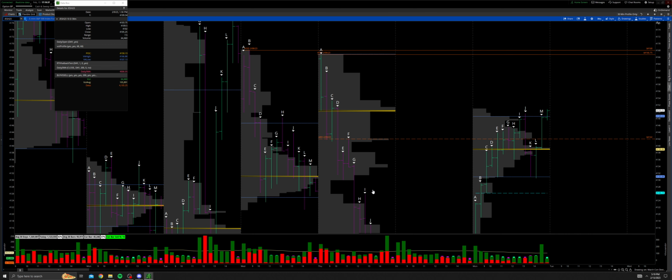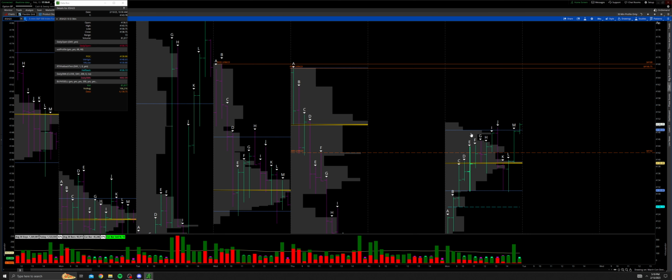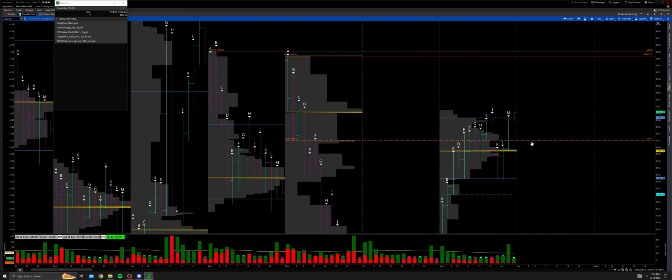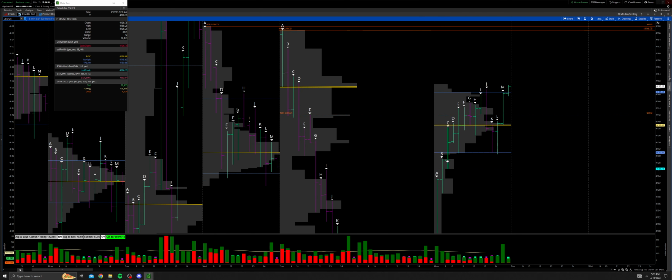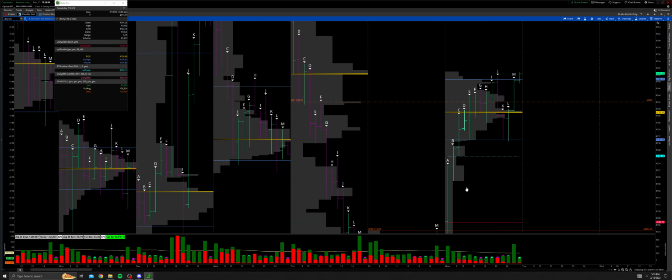So we got above the middle distribution, attempting to find acceptance into the upper distribution, which was E's low to A's high. We found that later on in the day. But C pushes up, we take out the initial balance high because the initial balance is the first two time frames, high and low, right?